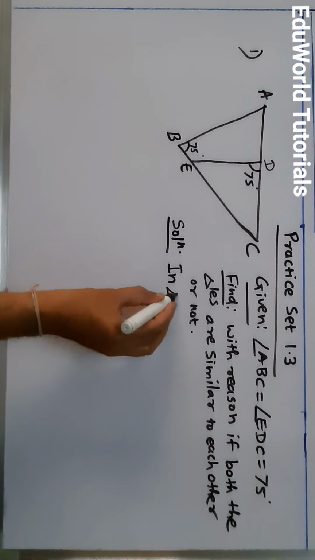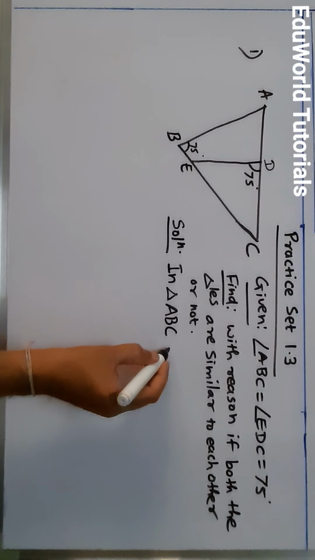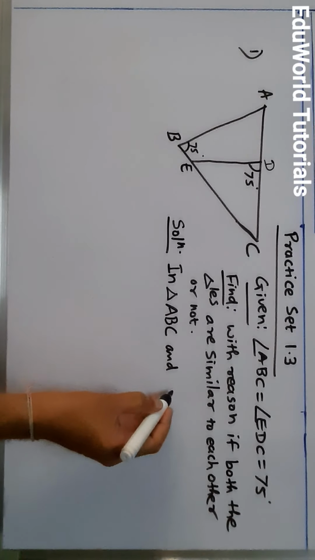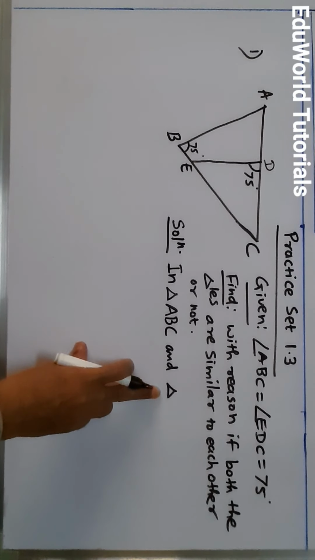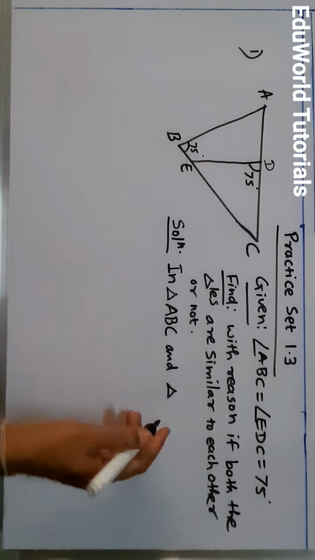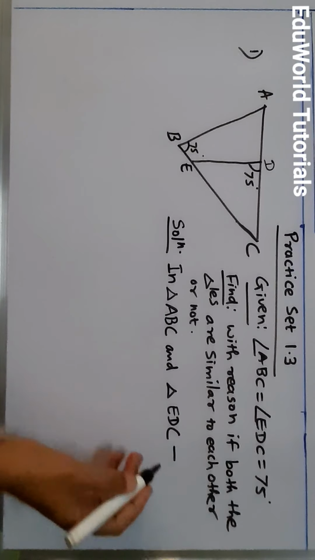In triangle ABC, if I write, and then I will write the name of the other triangle, I will have to be very careful. I have to see that one-to-one correspondence of the vertices is maintained. So in triangle ABC and triangle EDC, what do we see?